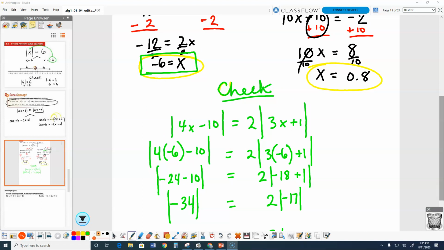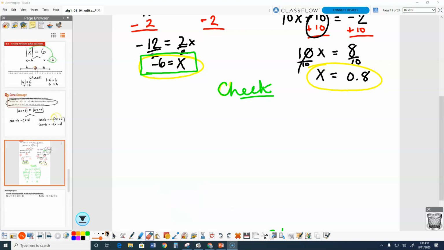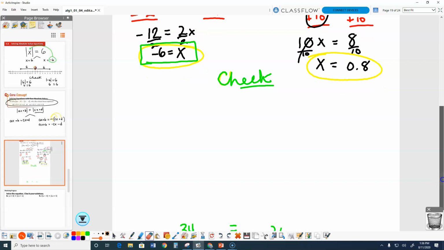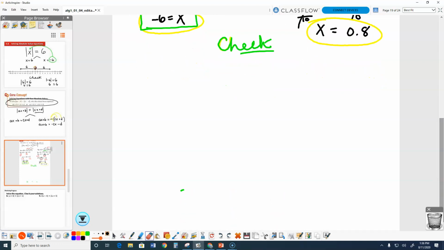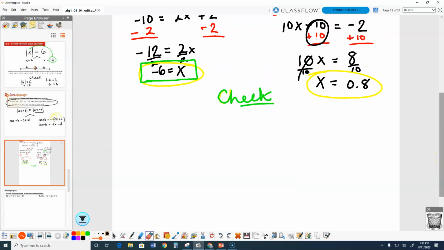X equals negative 6. I'm going to erase some of this here. Okay. Erase this, and erase this here. All right, now I'm going to check the 8/10.